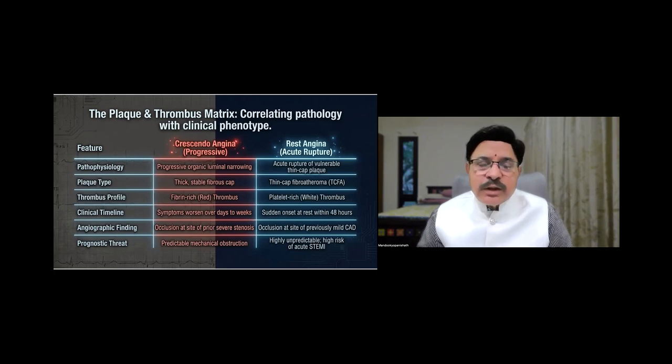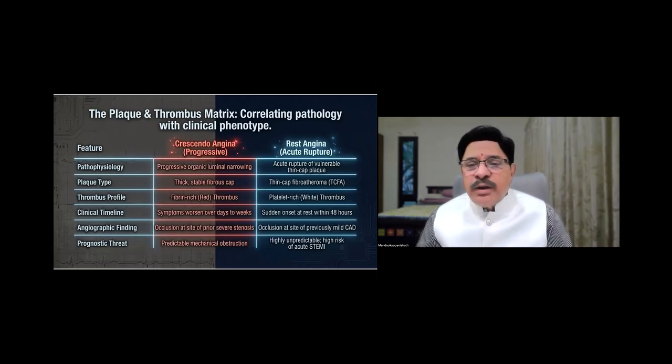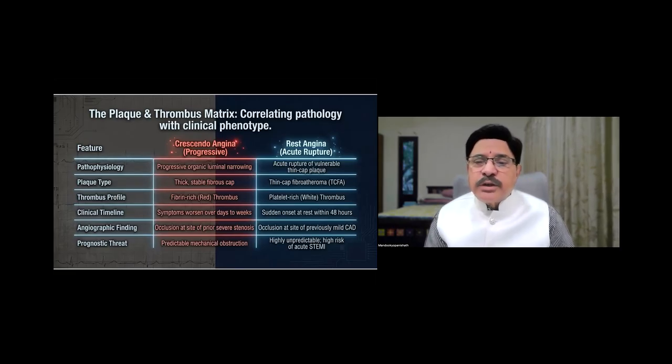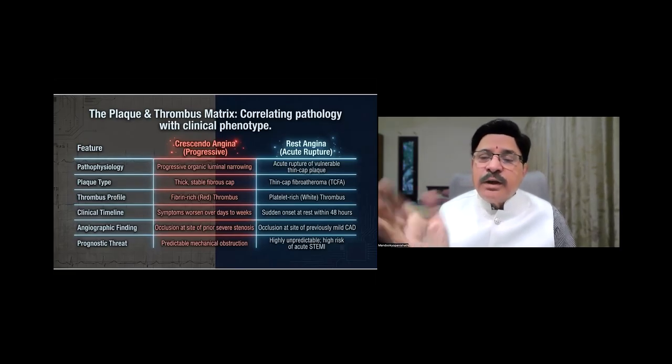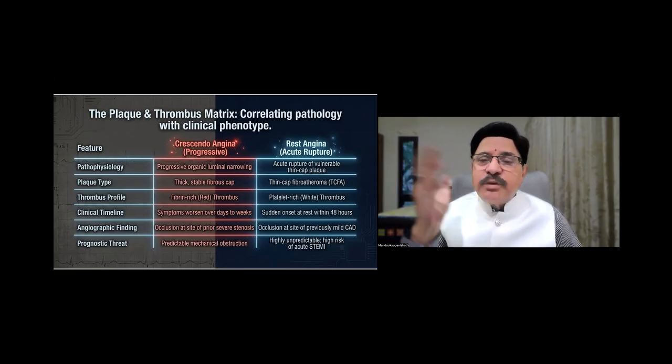I showed you in the previous slide. Clinical timeline: symptoms worsen over days to weeks, whereas in acute rupture, sudden onset, at least within 48 hours. Angiography: occlusion at the site of prior severe stenosis. Here, occlusion at the site of previously mild CAD. Earlier, there was no CAD in the previous angiogram.